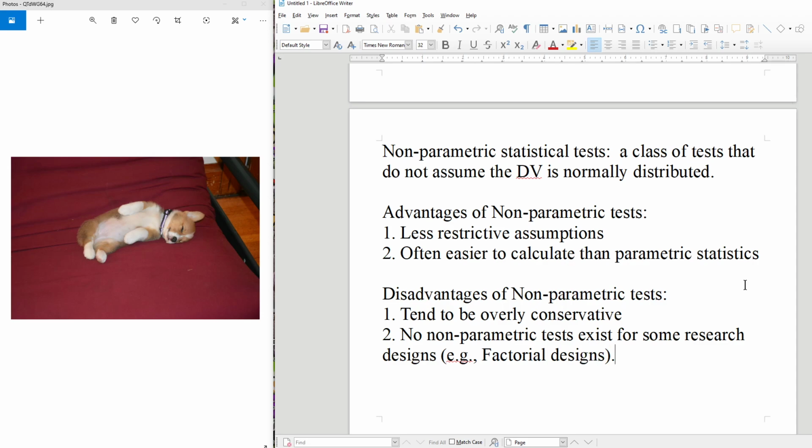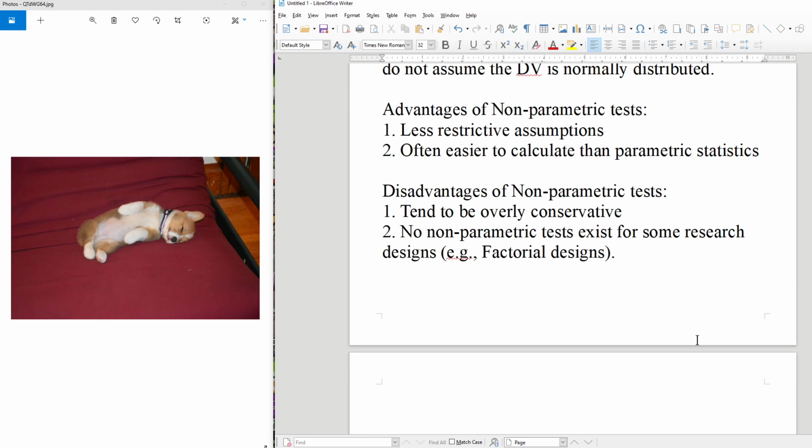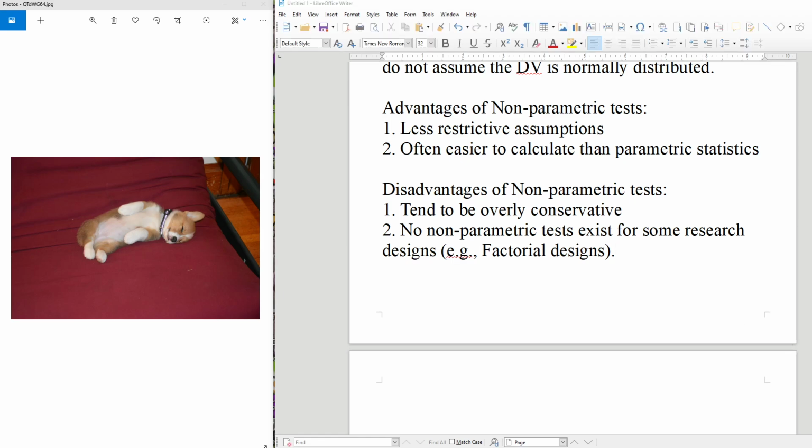Okay, so there isn't a non-parametric equivalent test for, like, the between subjects factorial ANOVA, or in general. We learned just the between subjects factorial ANOVA, but you can do within subjects factorial ANOVAs, or even mixed where you've got between and within, and those are by far the most common sorts of experiments that psychologists do. And so if you've done a factorial experiment, you have no choice except to use the parametric test that we've been learning.